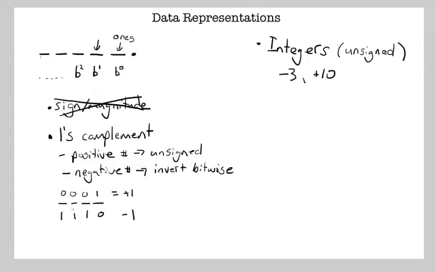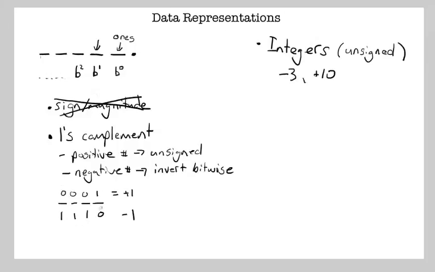And under this system, if you add numbers together, you can just look at the bits to know how to add them. You don't need to know whether it was a positive or negative number. And similar to the sign magnitude system, you reserve the top bit for essentially holding the sign.